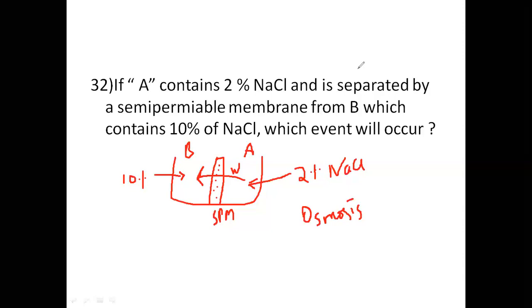So here, for i equal to 2 into the concentration 0.2, I have 0.4 osmol.